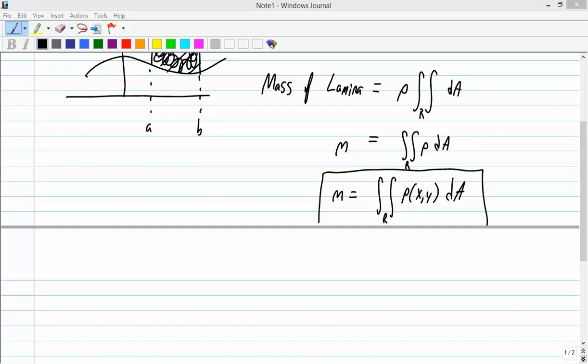Alright, so let's find the mass of a planar lamina. Let's do one from the back of the section.